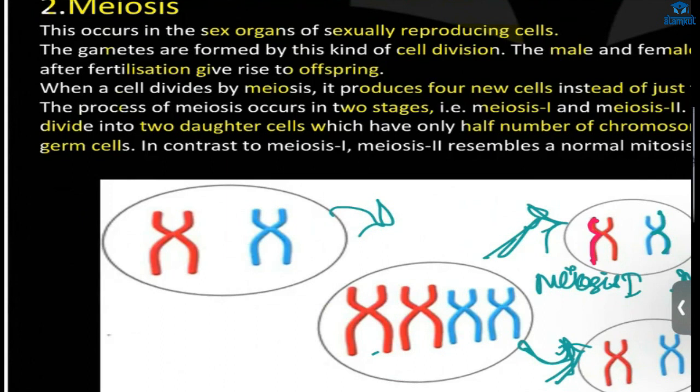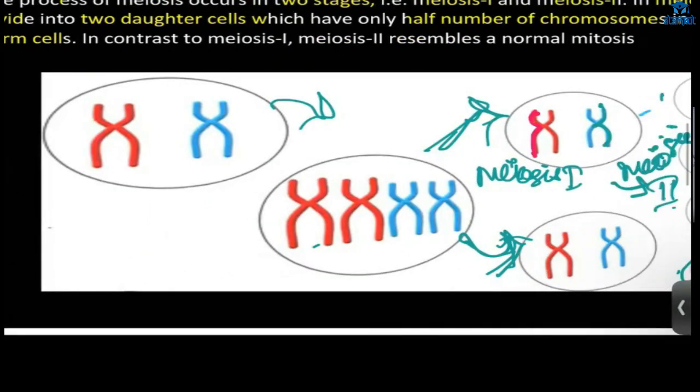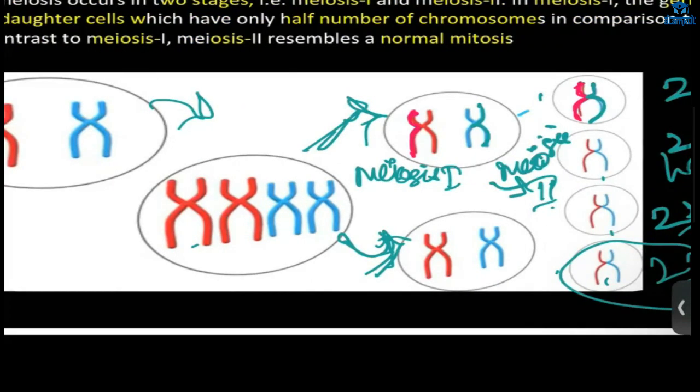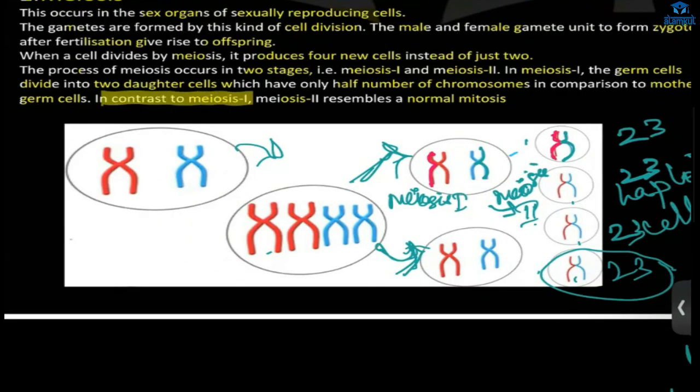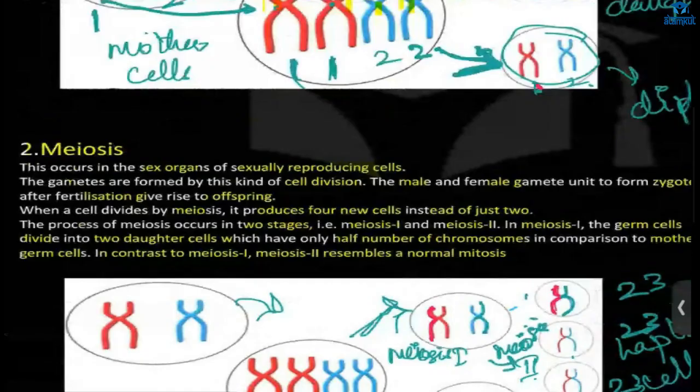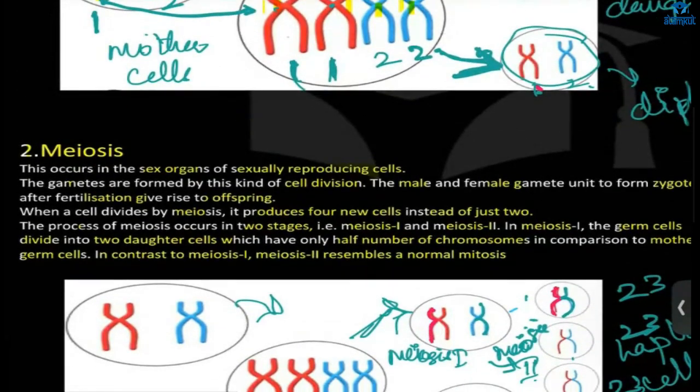Somatic cells are the regular cells, our blood cells, our bone cells. The cell in the ovary which has ova is a germ cell. In contrast to meiosis one, meiosis two resembles normal mitosis. Always remember this: meiosis two resembles mitosis.